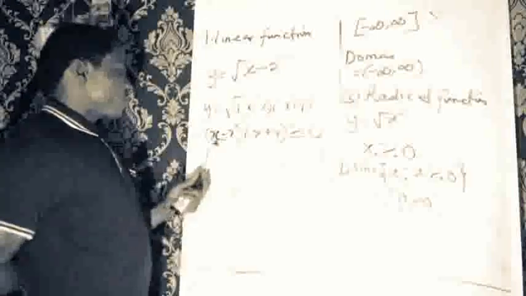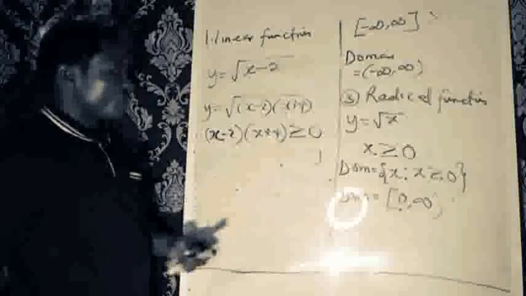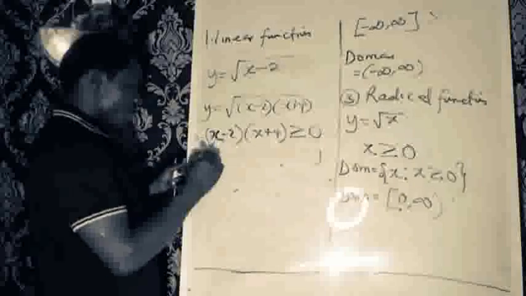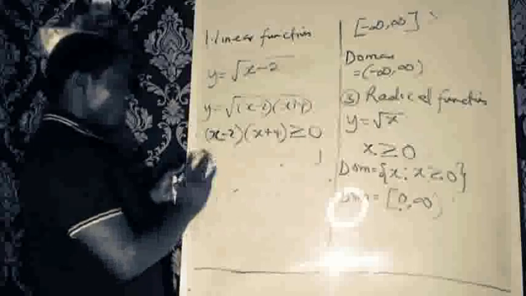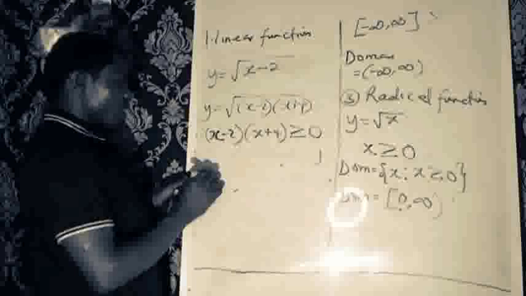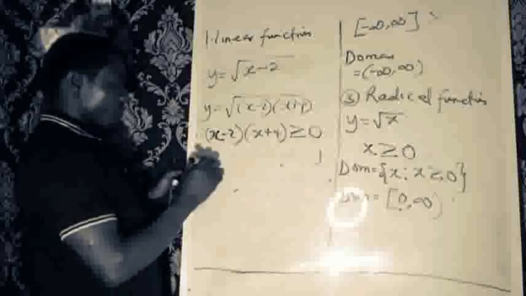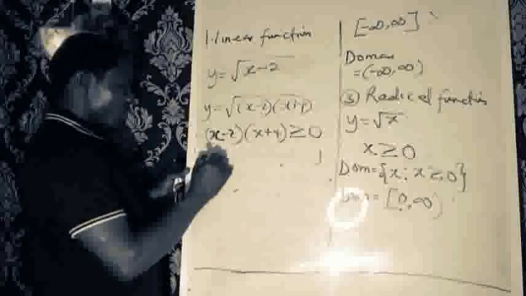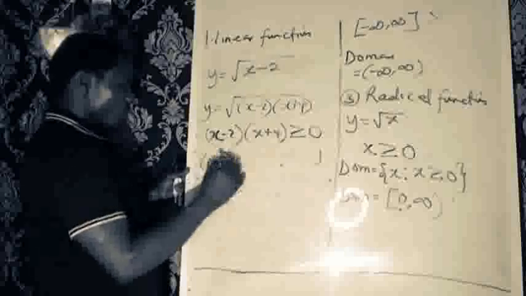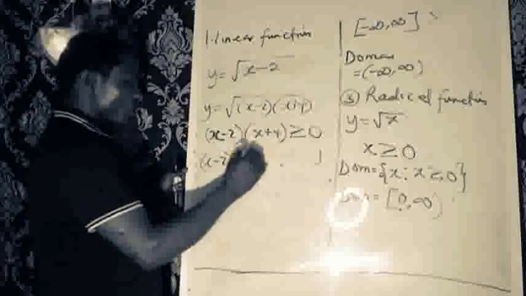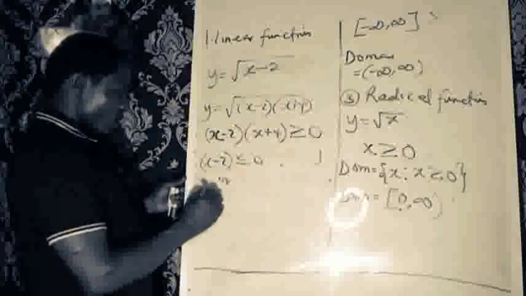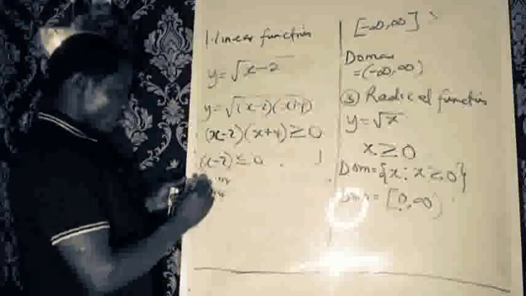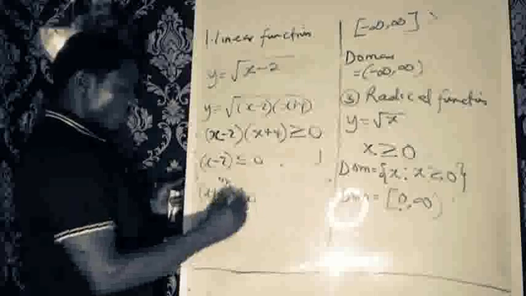For this to be greater than or equal to 0, it is either x minus 2 is less than or equal to 0, or x plus 4 is less than or equal to 0.